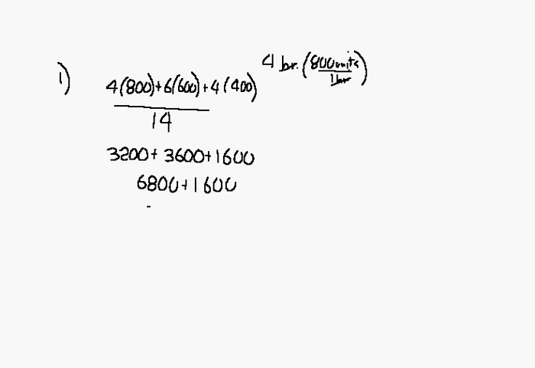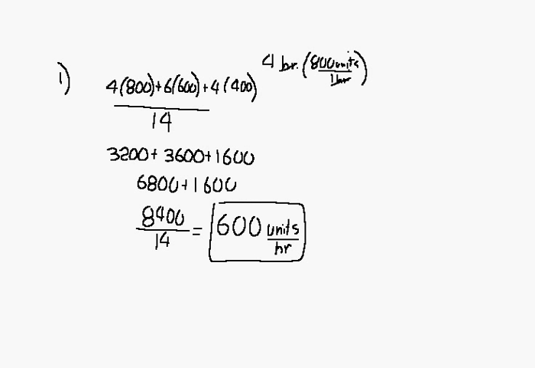That's equal to 8400. 8400 units divided by 14 hours total. 84 divided by 14 is 6. So you would have 600 units per hour. And that's your answer.